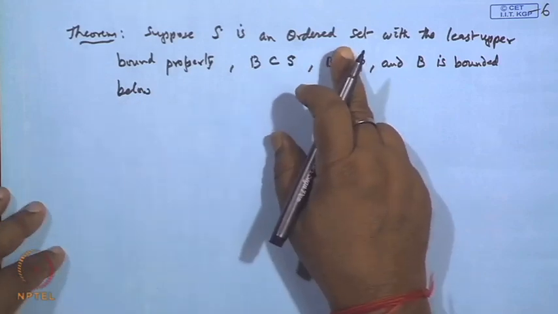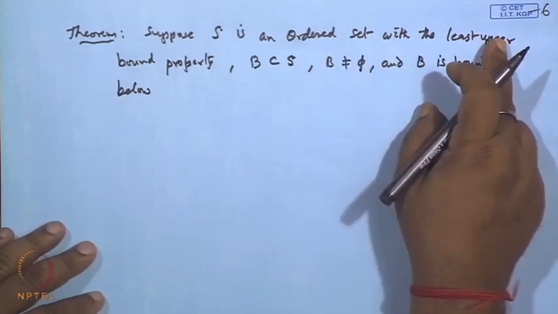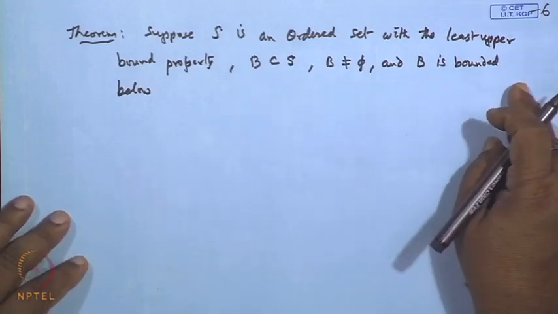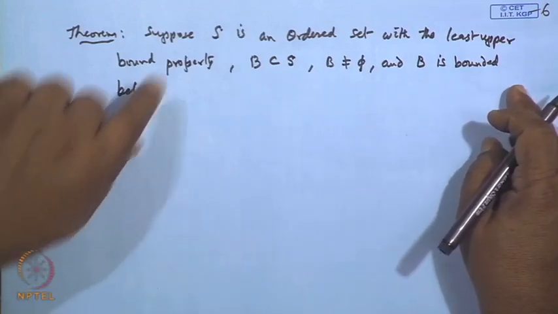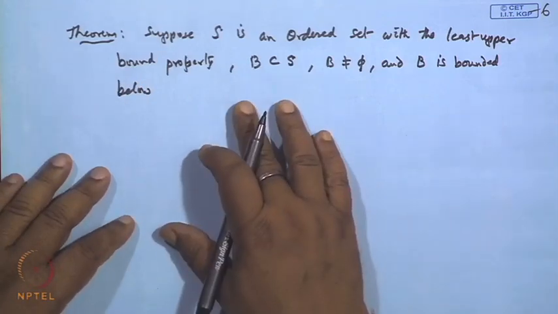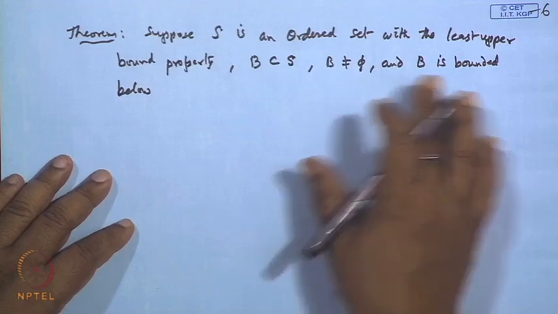So, S is an ordered set which has the least upper bound property, and the set B is bounded below. Together these imply the relation with the greatest lower bound property.